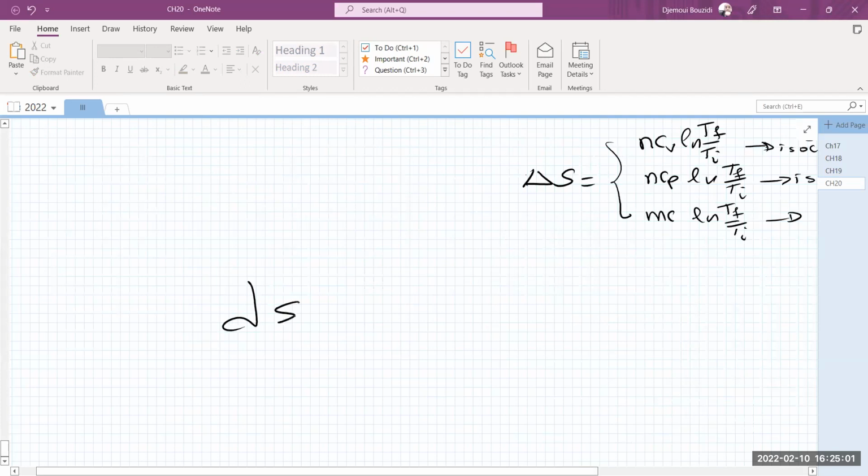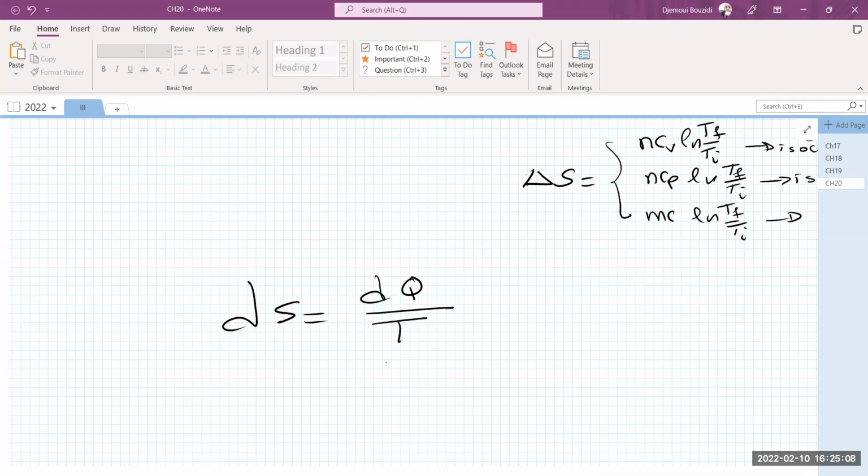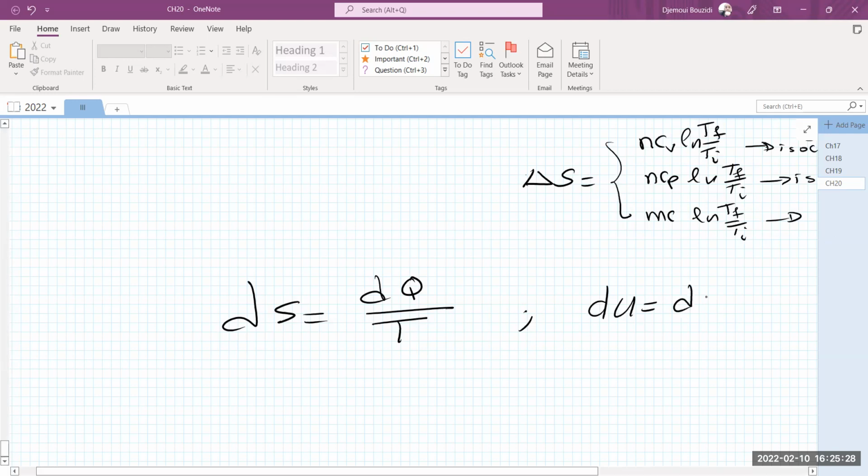So remember, dS is equal to dQ for an infinitesimal process divided by T. These are the same symbols that Mr. Clausius has introduced for us. And we know from the first law that dU, this is an infinitesimal, not the overall, just a small change in the whole process, is equal to dQ minus PdV.